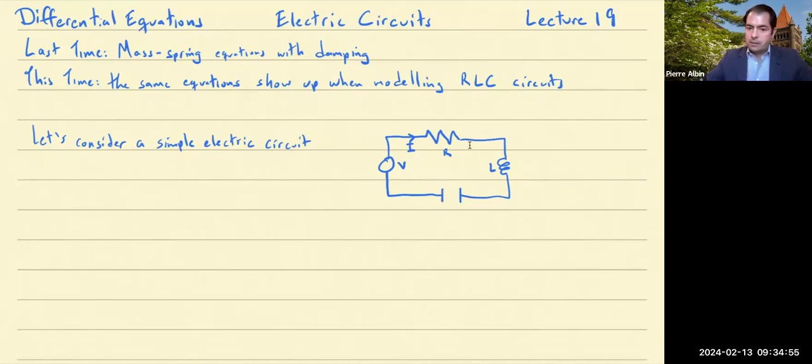Then a capacitor with a charge Q. While we're going over this, we're going to have an analogy with water flowing in a pipe.